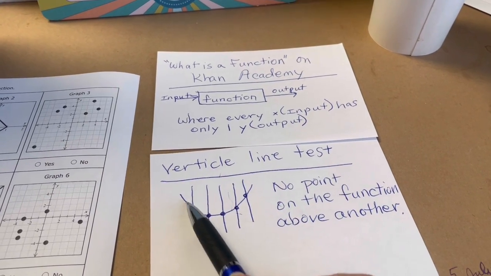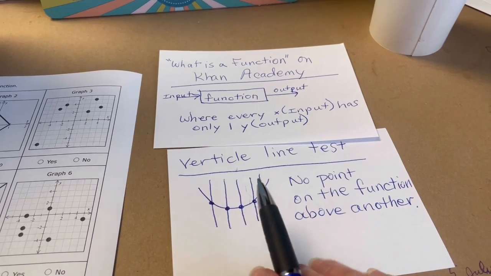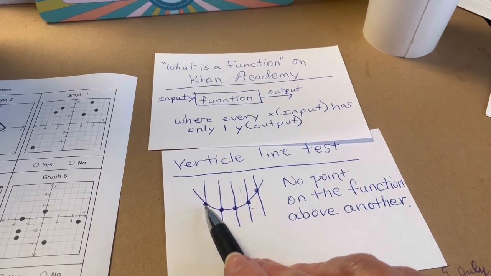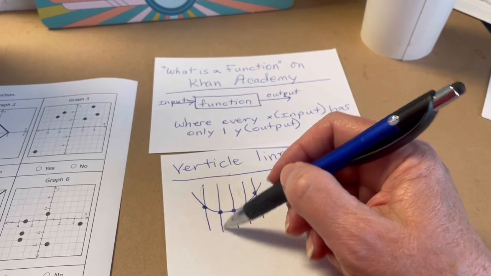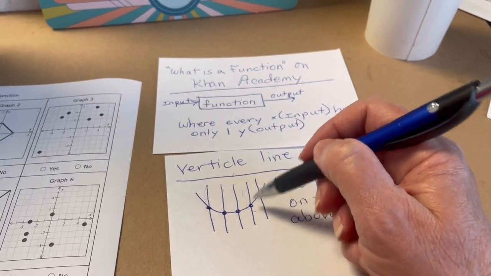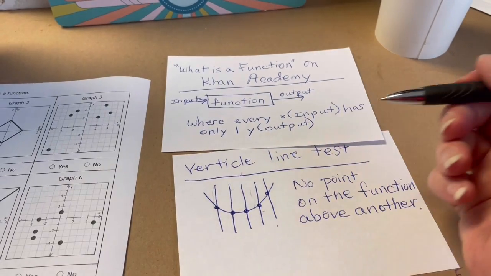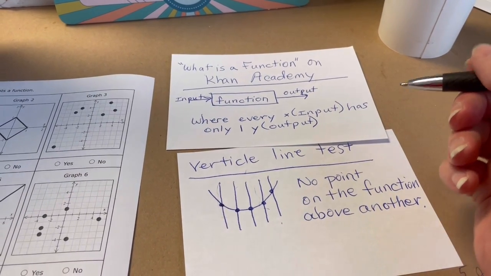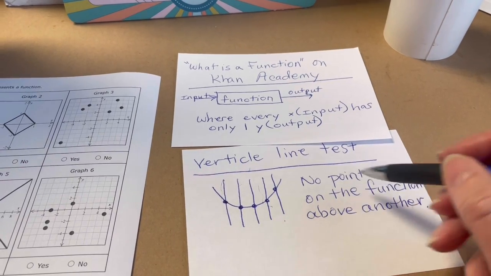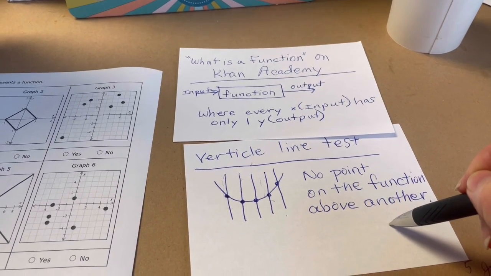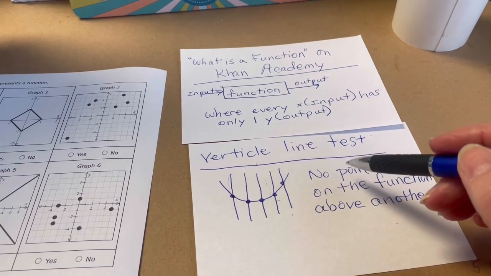So basically, I've made a shape like a parabola here, and you can see that if I pass a vertical line through every part of that parabola, each vertical line only crosses the parabola once. So there's no point on a function above another point. So every function passes the vertical line test.